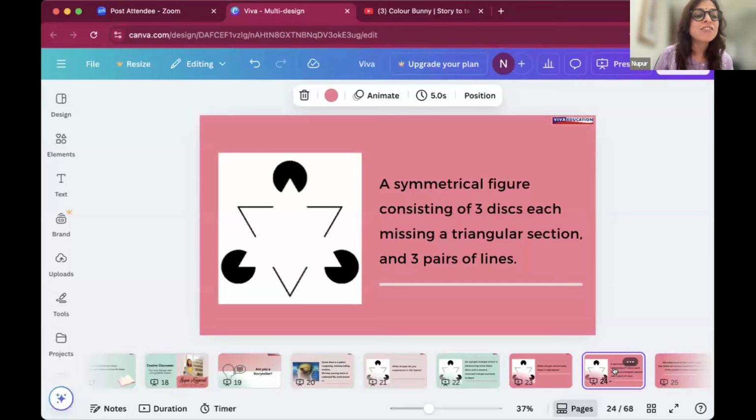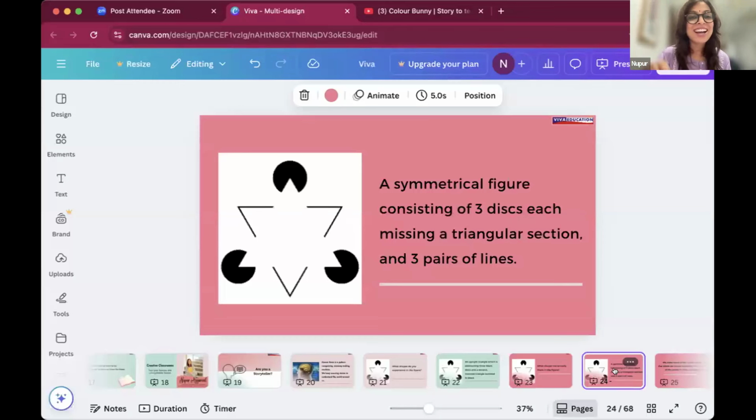If you agree to that, give me a thumbs up again. So now when you relook at it, you understand, oh, actually, this is right. There aren't any triangles. There aren't any circles. There are just three discs with a portion missing, and there are three pairs of lines which are outlined in black.